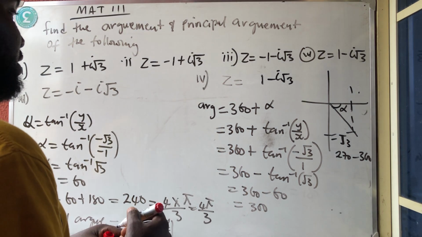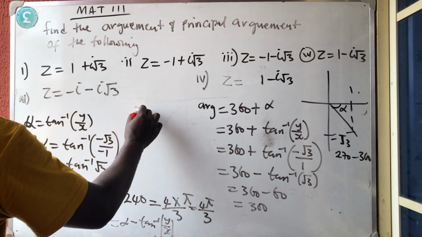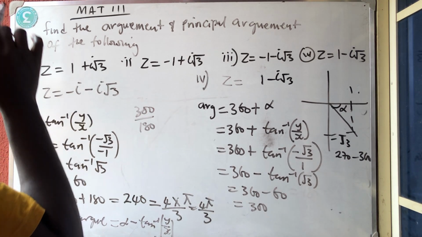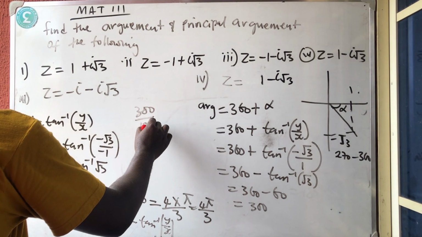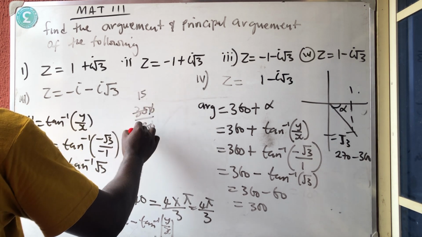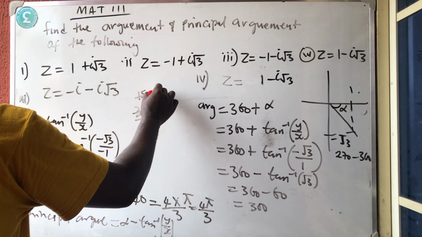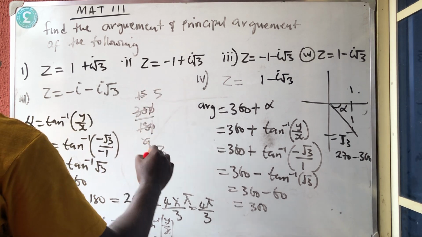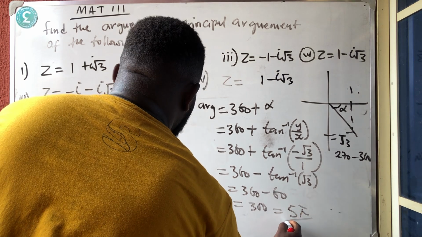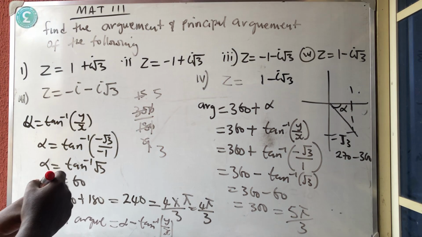So to get it in terms of pi, you can say 300 divided by 180. Remember that you are not going to turn upside down because it has exceeded. This cancels this, 15 here, 9 here, 5 here, 3 here. So you're having 5 pi over 3.